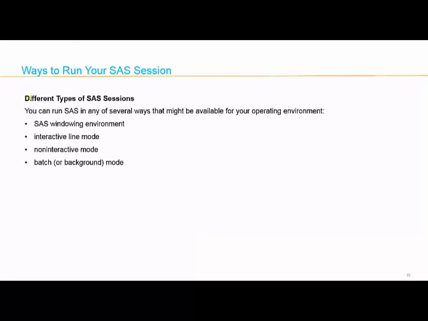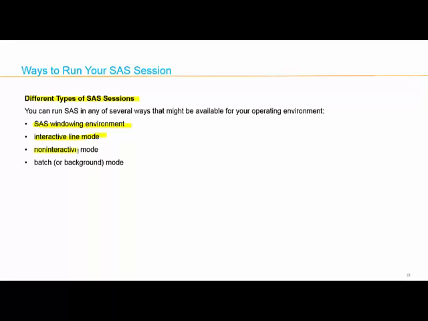Next, the different ways to run your SAS session. Whenever you have installed SAS on your machine, there are different ways to run your code, like in a windowing environment. The base SAS tool you have seen is the windowing environment. Interactive line mode, and the Enterprise Guide software, is normally called interactive software.